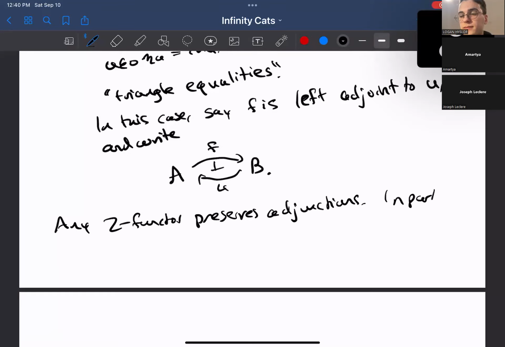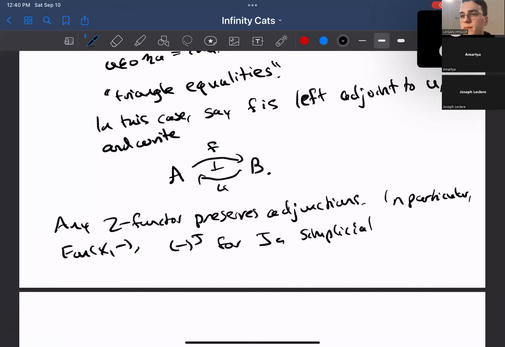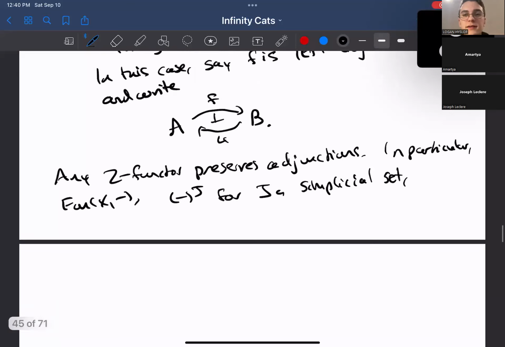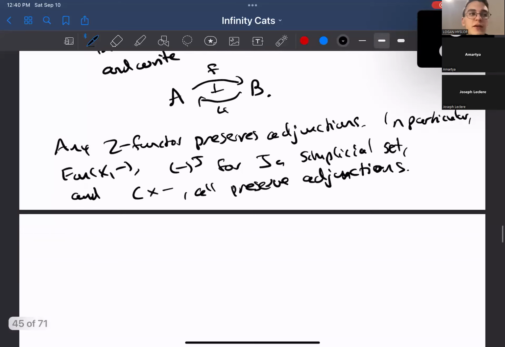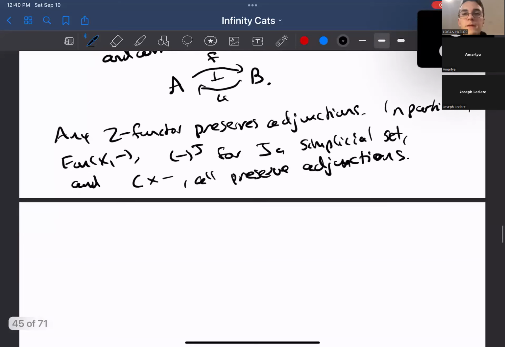In particular, functor categories Fun(X, -), and (-)^J for J a simplicial set, or an infinity category if you're in a Cartesian closed infinity cosmos, and taking, for instance, products, all preserve adjunctions, because these are all different 2-functors, or at least they descend to 2-functors on the homotopy 2-categories.